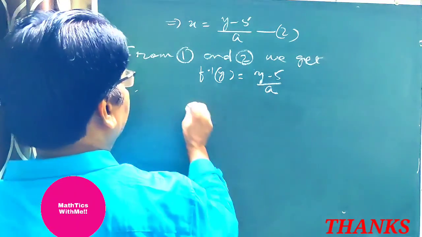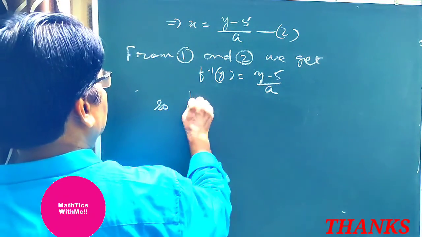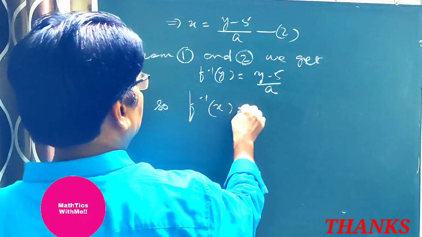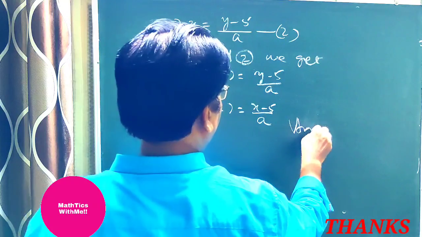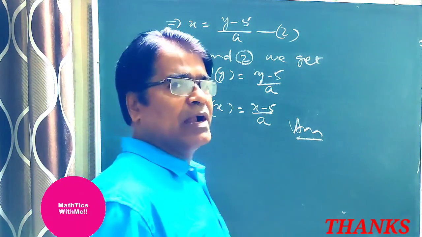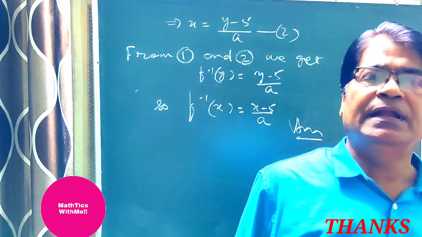Replacing y by x we get f inverse x is equal to (x minus 5) by a, which is the required inverse that we have got here.